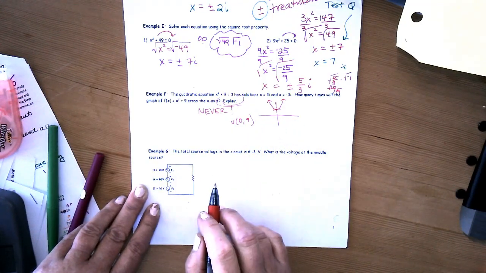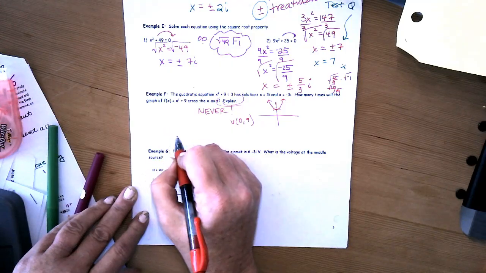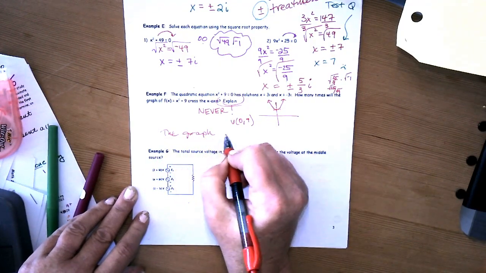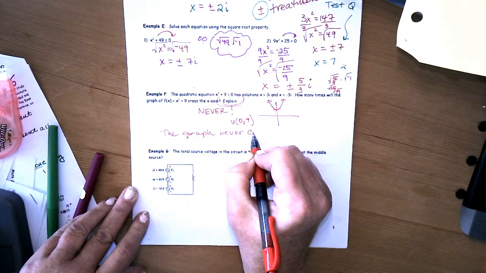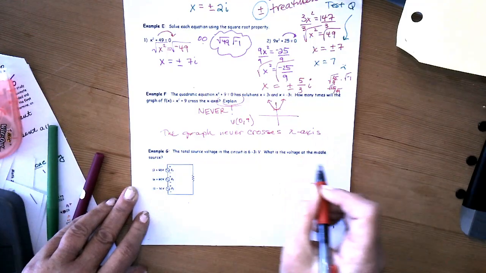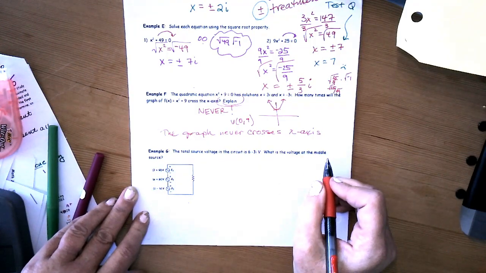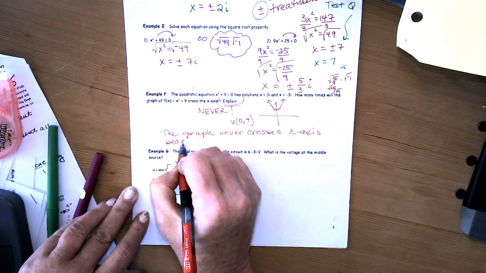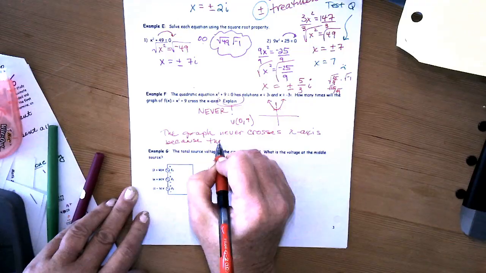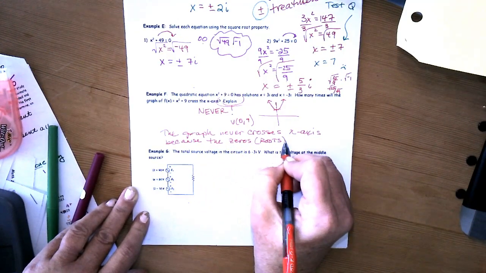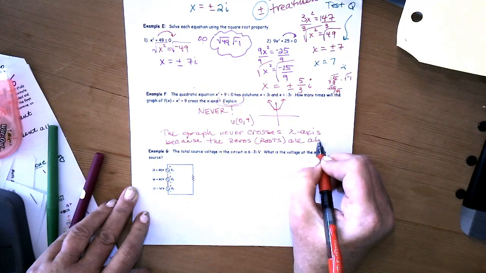All right? So your explanation can be the graph never crosses the x-axis. Well, I guess I really shouldn't answer that because the zeros, the roots, whatever you want to call them, are above.